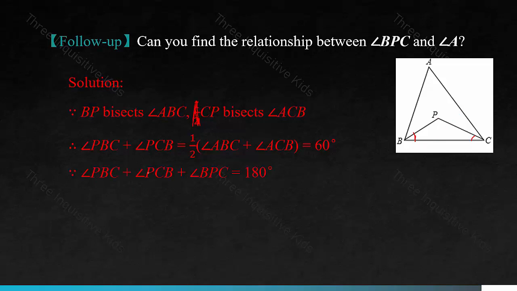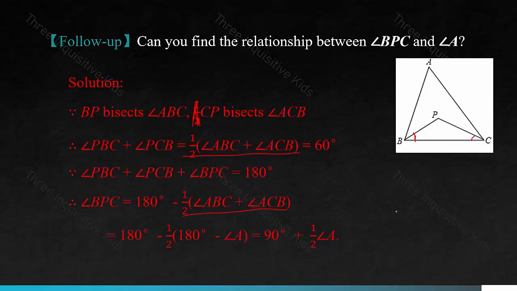And because angle PBC plus angle PCB plus angle BPC equals 180 degrees, angle BPC equals 180 degrees minus 1/2 of ABC and ACB. When we rewrite that in terms of angle A, we get 90 degrees plus 1/2 of angle A, which means that angle BPC is 90 degrees more than half of angle A.